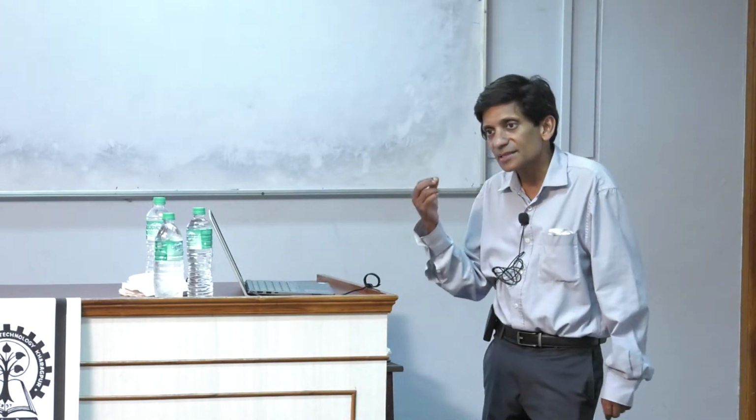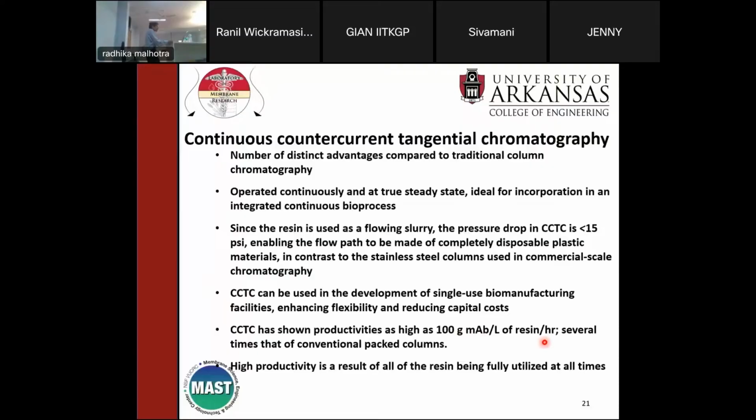If you can use plastic disposable material, that's much cheaper, and people want to use single-use devices. So again, here's a possibility. This sort of countercurrent tangential chromatography can be used in the development of single-use biomanufacturing facilities, enhancing flexibility and reducing capital costs. It has been shown to give productivities as high as 100 grams of mAb per liter of resin per hour. That's actually very high capacity, okay?